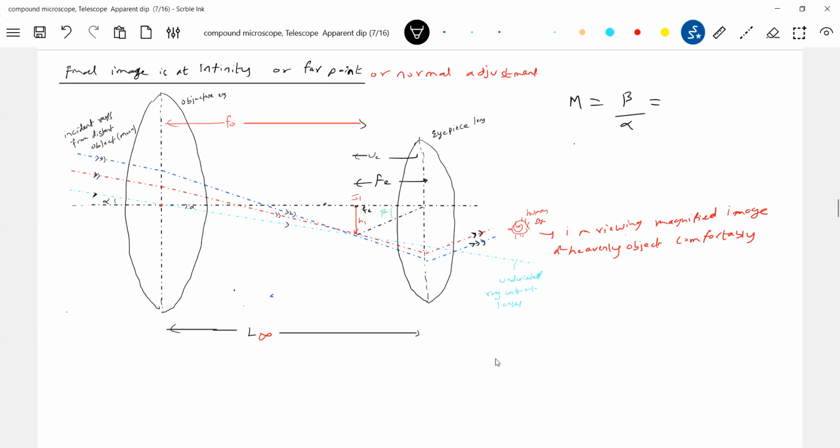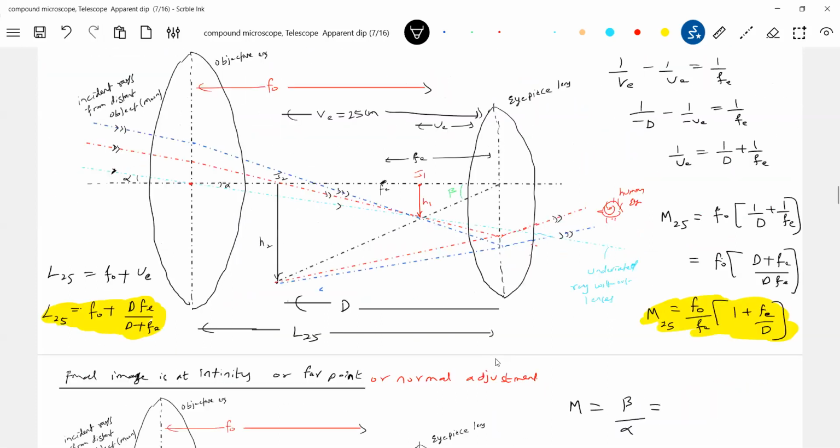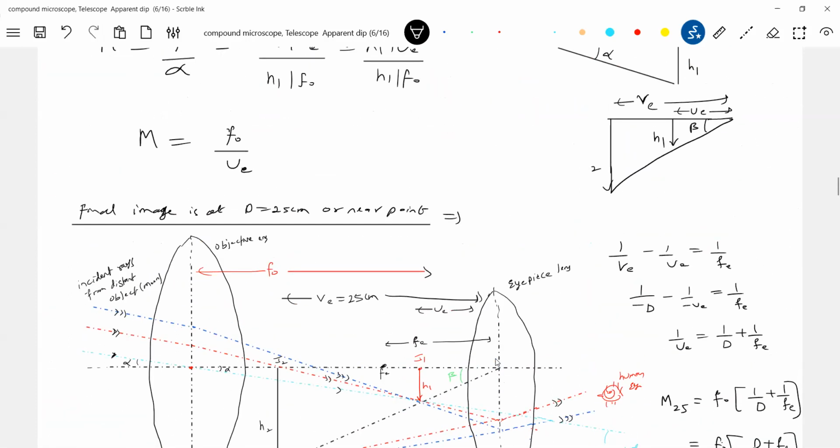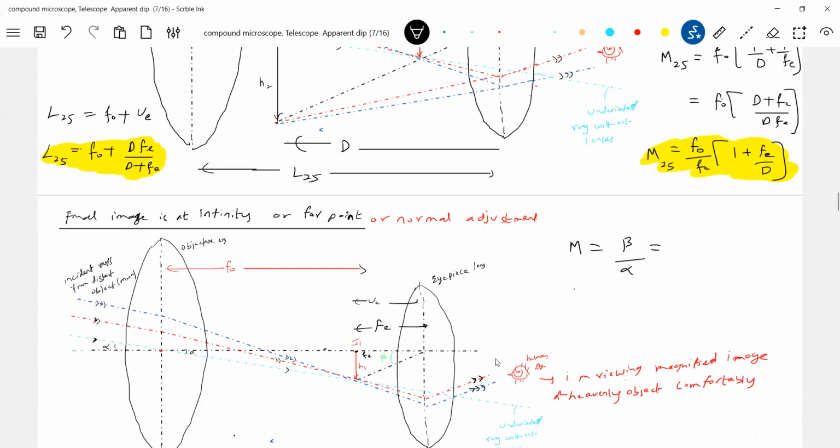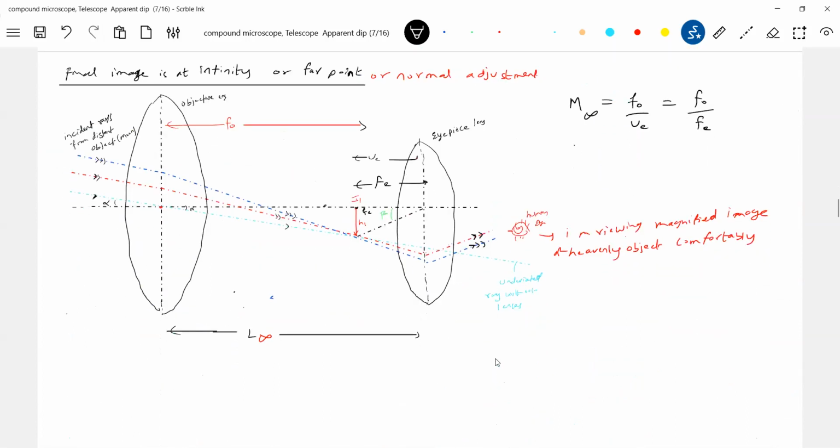So what is beta? What is UV? F naught by UV in the formula. UV will become FE. So this is M infinity, you write it. This is the magnifying power when the image is at infinity.